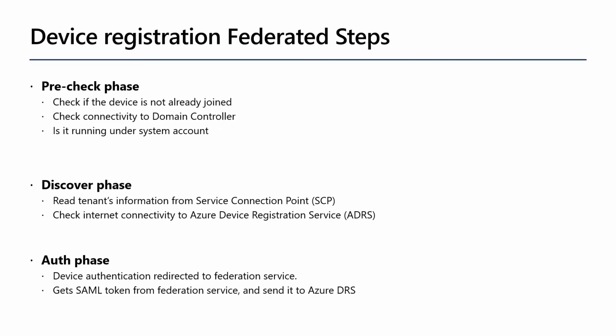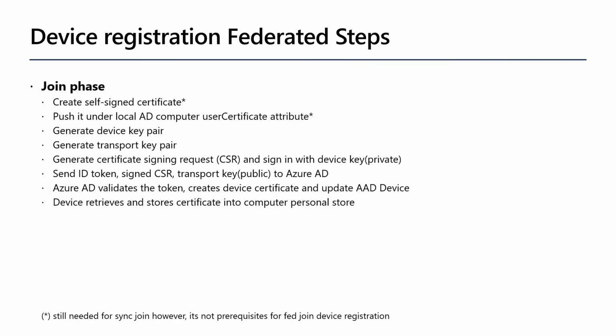If this succeeded, device registration goes to the authentication phase, where device registration is redirected to the Federation service to get a valid SAML token. And after the SAML token is issued from the Federation service, it's sent to Azure Active Directory to start the join phase.